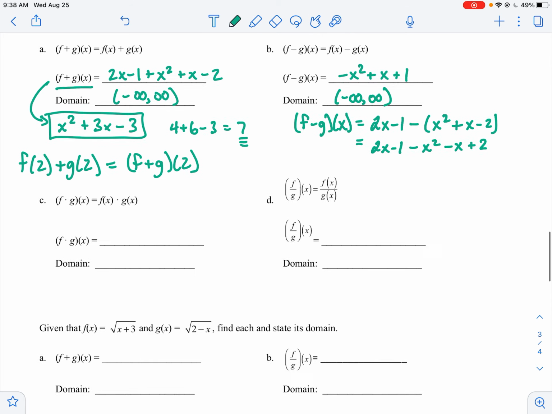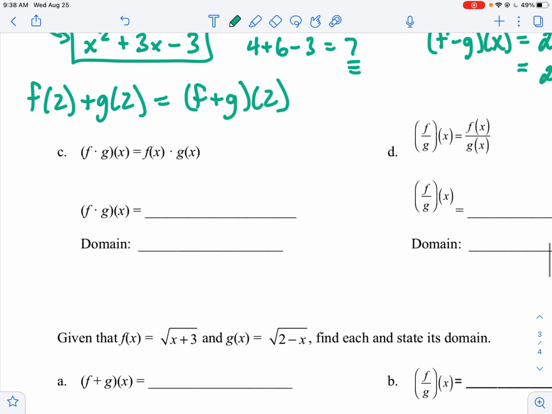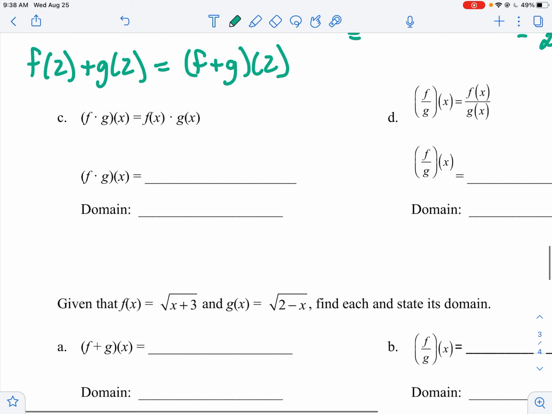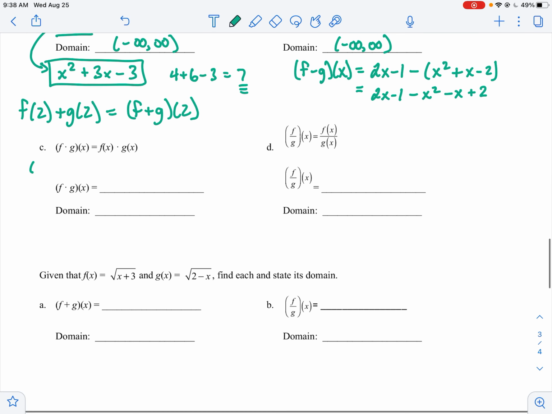Okay. If I want to multiply, same thing. Right? So f times g of x just means take f, which was 2x minus 1, and multiply it by g, which was x squared plus x minus 2. Now, if you wanted to, you could actually multiply this all out.